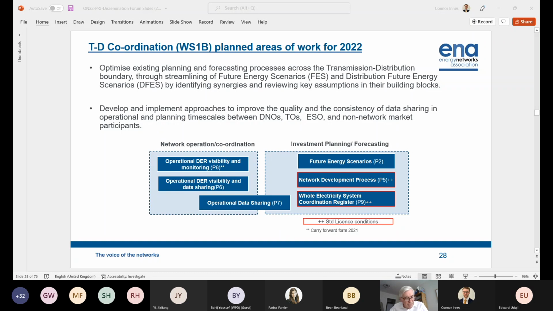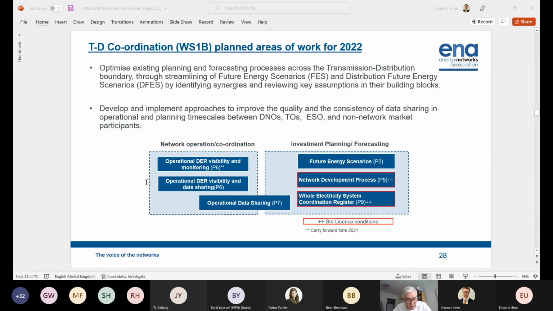So picking up on the individual products, if we start with product P2, which is about Future Energy Scenarios, what we've done there is create an alignment, a golden thread, that links together the FES and the DFES through standardized building blocks.